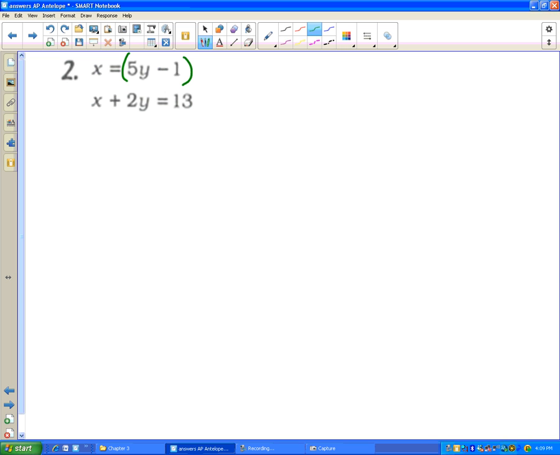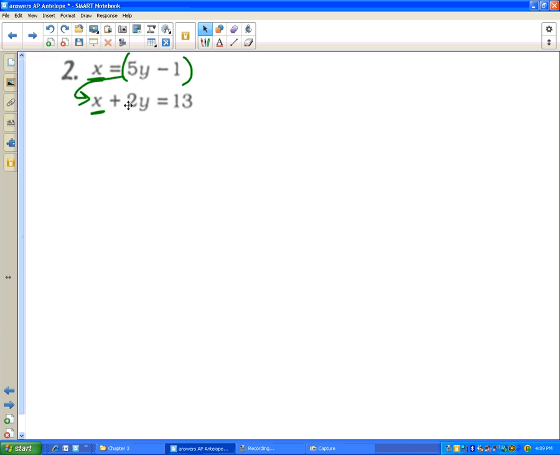So this 5y minus 1 is equal to my value of x, whatever x is. Well, in these two equations, my x and my x are the same thing. So what I'm going to do is take what's in these parentheses and plug it into this second x.